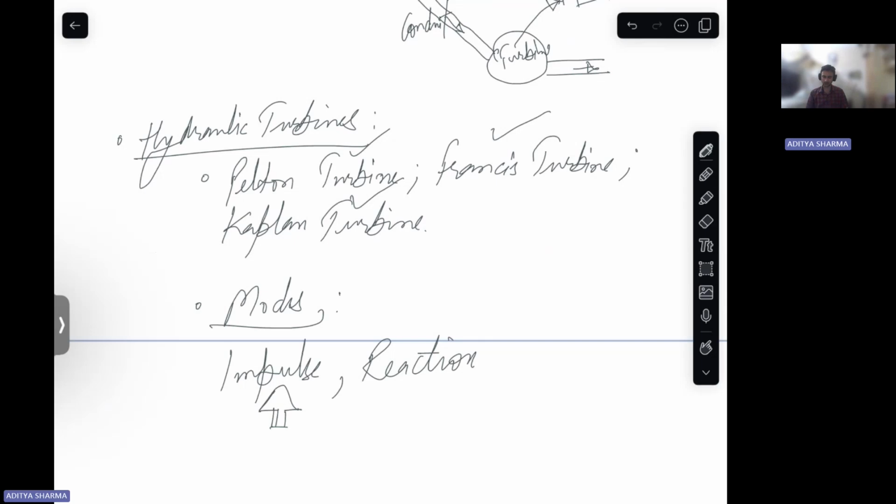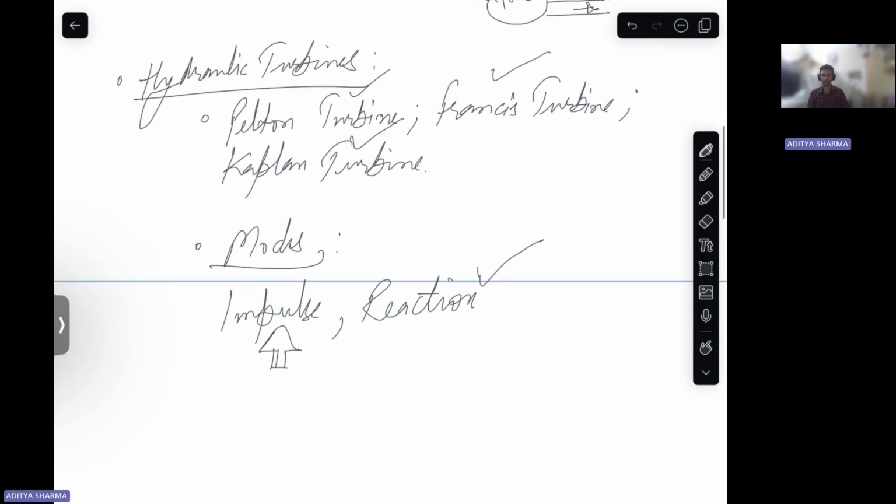And reaction is when the pressure drop is causing the shaft work across the turbine. So that is basically the reaction mode.